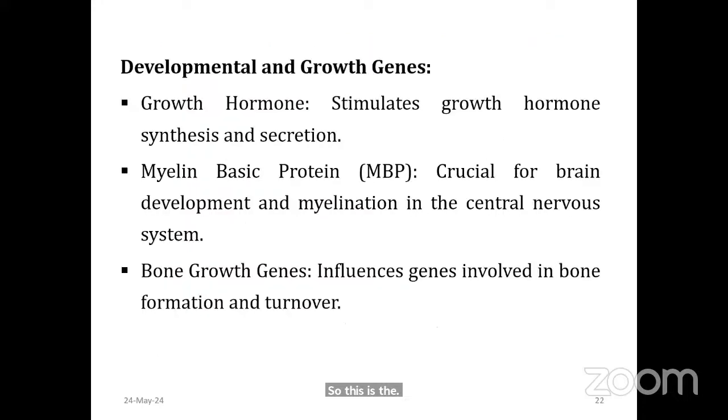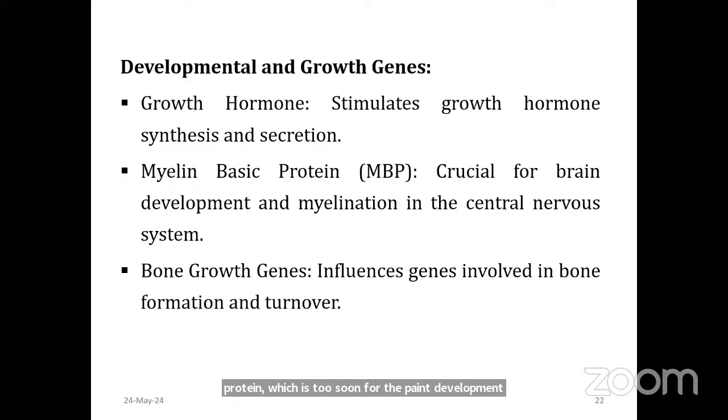Next, when developmental and growth genes are activated by the thyroid hormones, it stimulates growth hormone synthesis and secretion. It also increases myelin basic protein, which is crucial for brain development and myelination in the central nervous system, and also influences genes involved in bone formation and turnover.